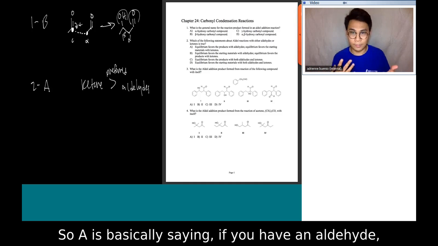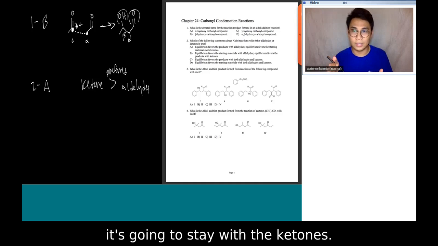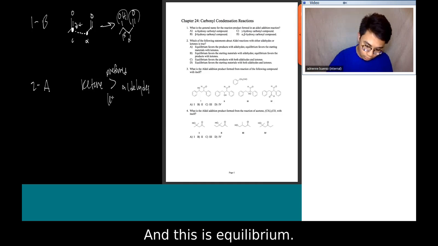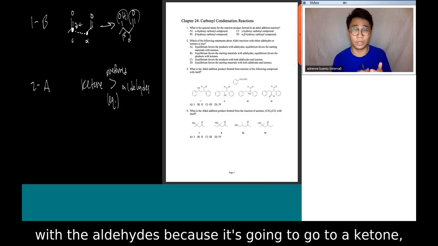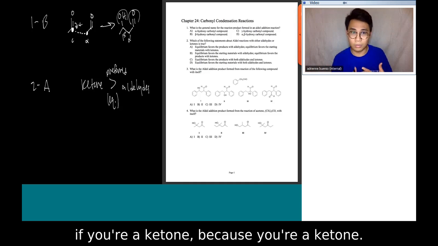So A is basically saying if you have an aldehyde, it's going to go to ketone. If you have a ketone, it's going to stay with the ketone. So that's what A is saying. And this is equilibrium, right? So it makes sense that equilibrium favors the products with the aldehydes because it's going to go to a ketone, and the equilibrium favors starting materials if you're a ketone because you're a ketone, right?